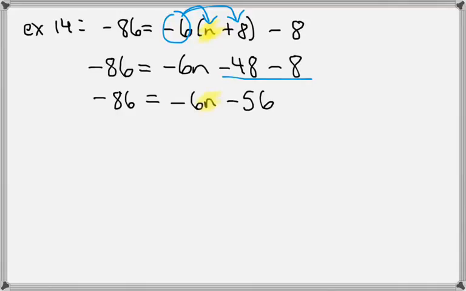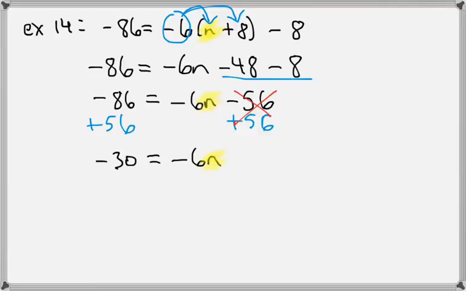I have to send that negative 56 to the other side, so I do that by adding 56 to both sides. That's going to give us a negative 30 on the left is equal to a negative 6n, because a negative 56 and a positive 56 add together to give us 0, so that cancels out.